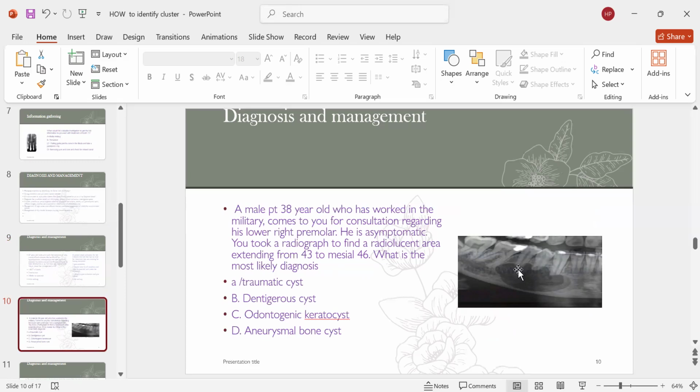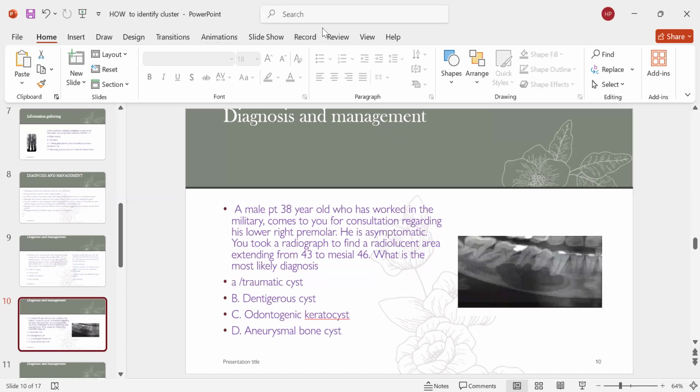This is another scenario, guys. What is the diagnosis? What is the history given? A 38-year-old male patient. What is the keyword over here? Asymptomatic. The keyword is military. The patient is working in the military. What are the high chances in this kind of scenario?